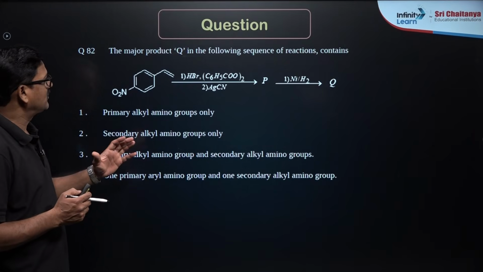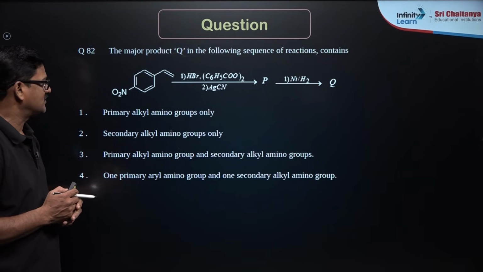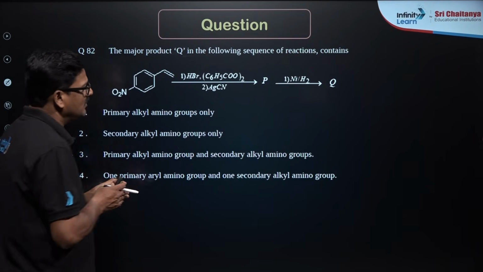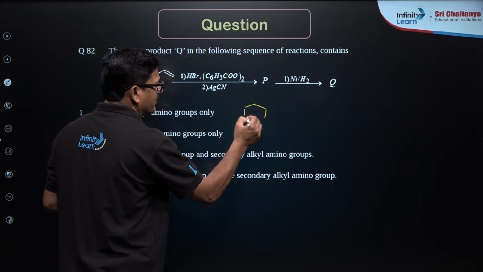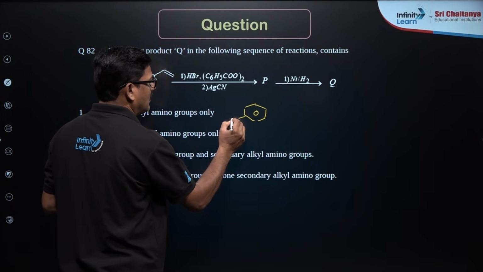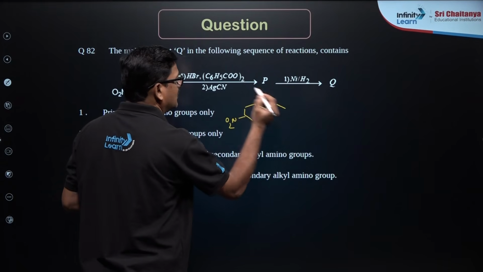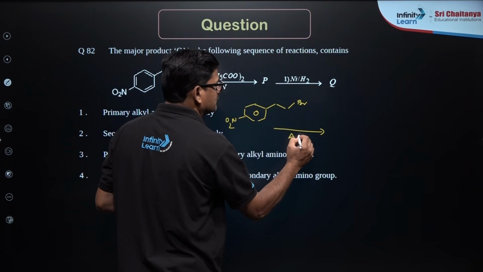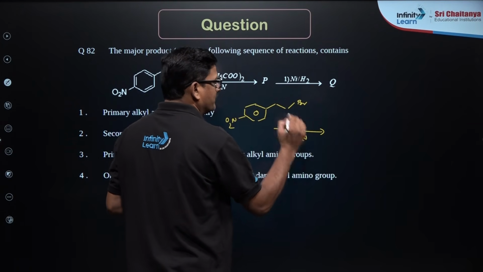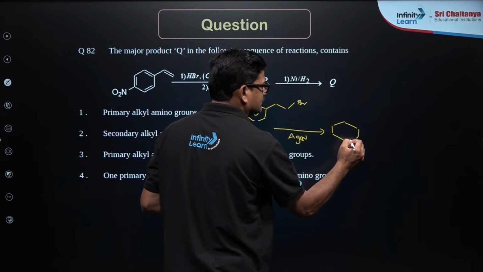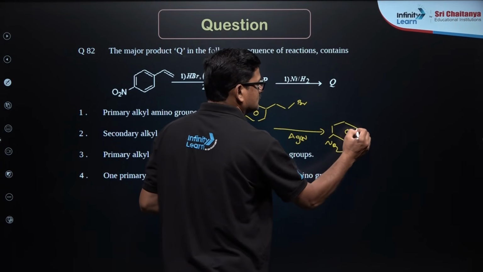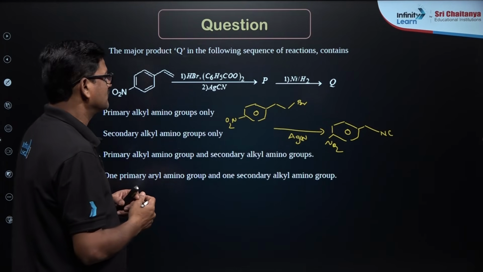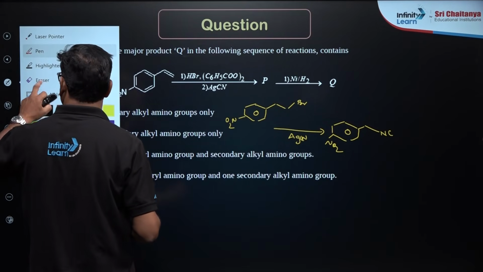Students, here is a question: the major product Q in the following sequence of reactions. So the compound is treated with HBr in the presence of peroxide, and you will have NO2, and here it is going to be Br. Then it is treated with AgCN, so you will have NC. Isocyanide is going to be formed. So 2 carbons, right? It is going to be NC.